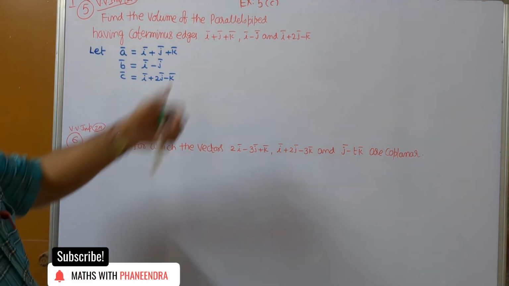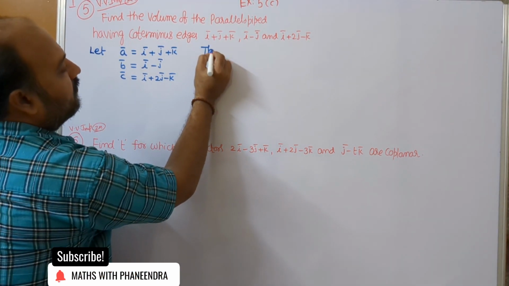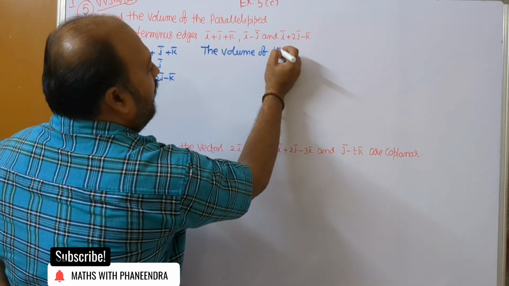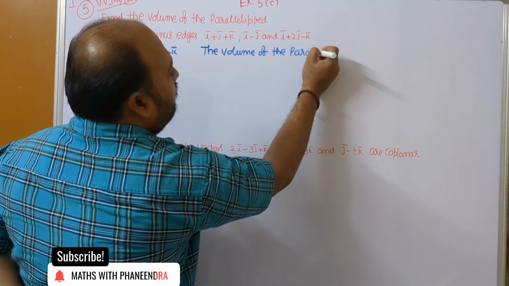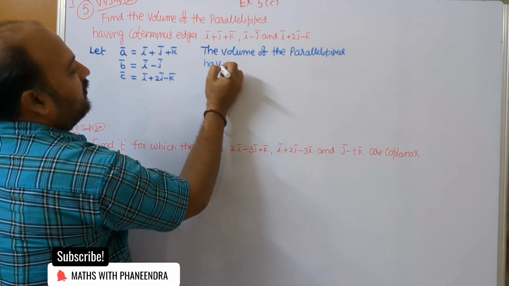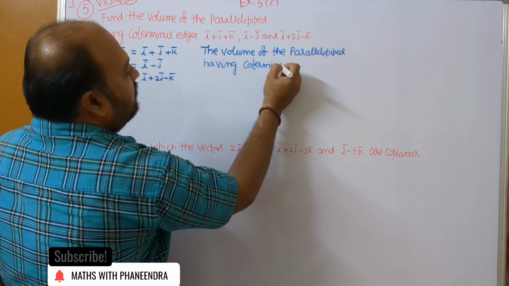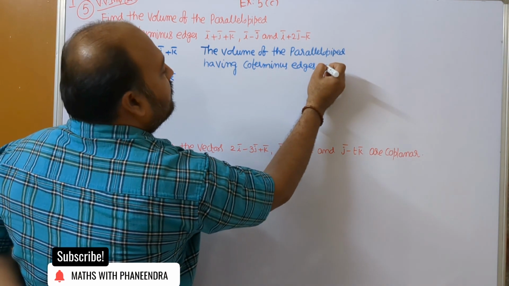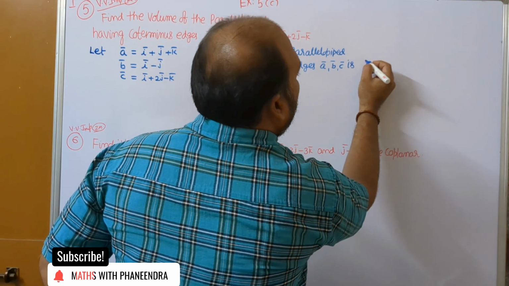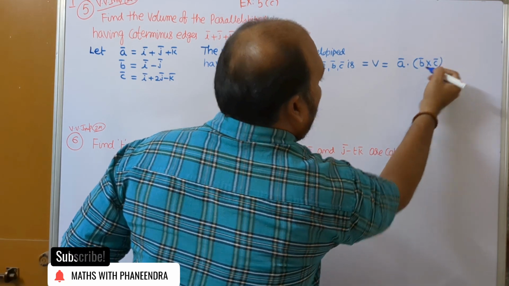The volume of the parallelepiped having coterminous edges a bar, b bar, c bar is, dear students, you remember, V equal to a bar dot b bar cross c bar.